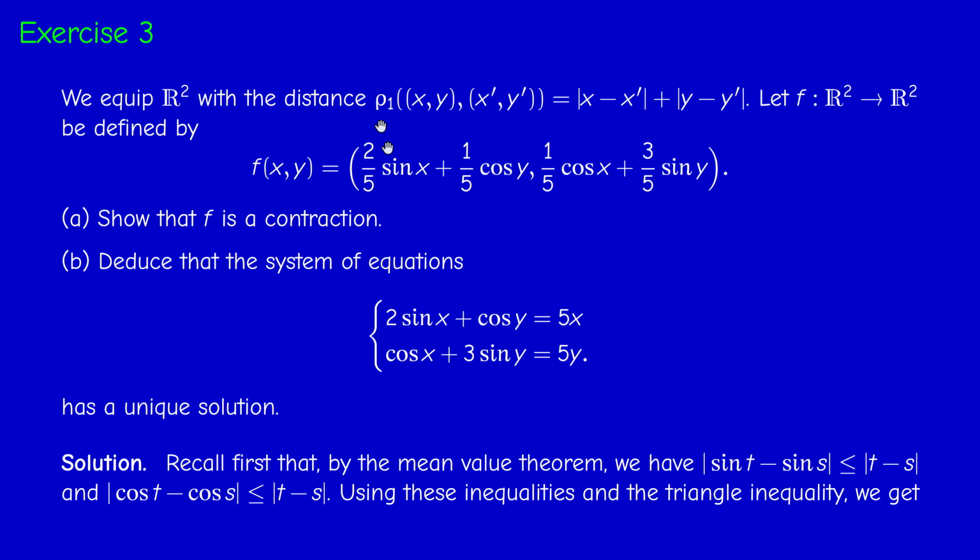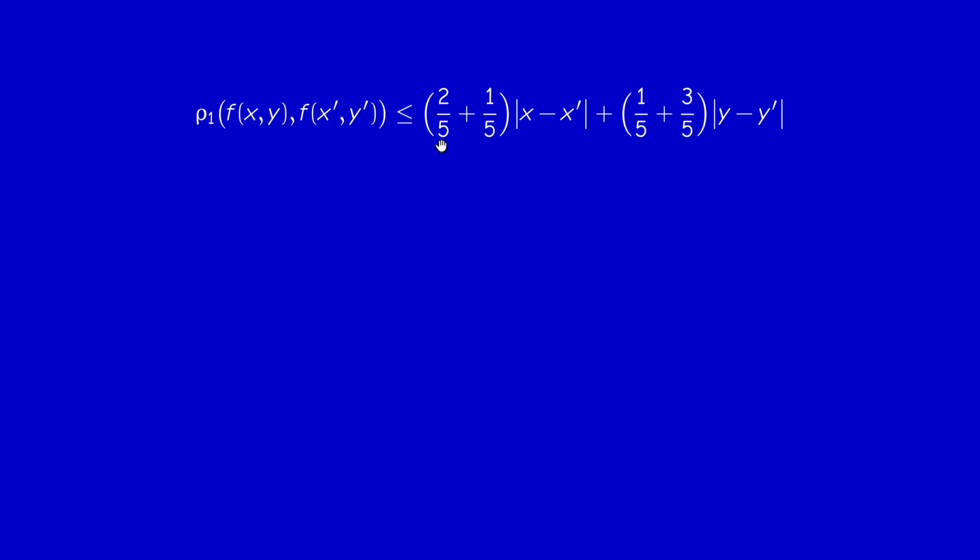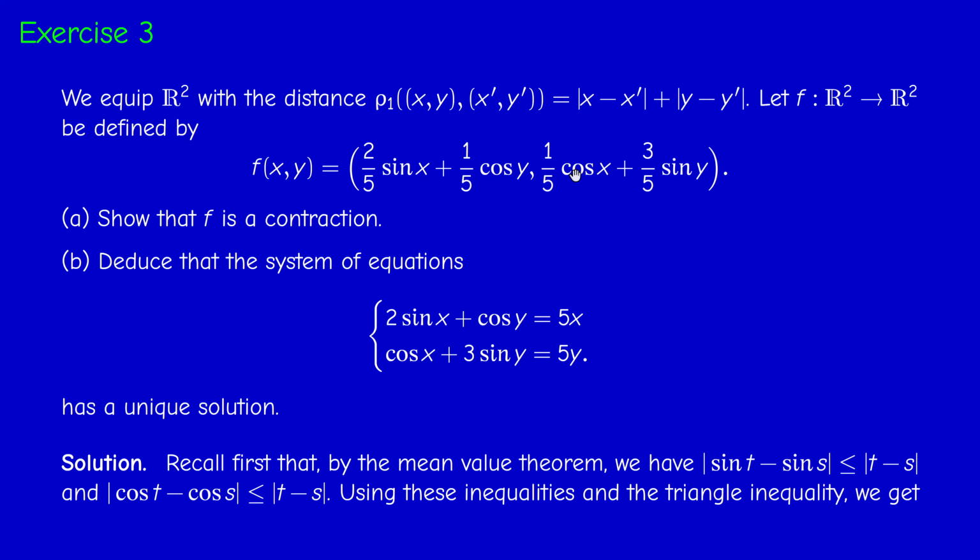If you look at the first component, 2/5 sine x minus 2/5 sine x' plus 1/5 cosine y minus 1/5 cosine y', you'll get, in absolute value, less than 2/5 |x minus x'| plus 1/5 |x minus x'| plus 1/5 |y minus y'| plus 3/5 |y minus y'|, if you write this in detail. The first 2/5 comes from here, the first 1/5 comes from here, and then 1/5, 3/5. So just take a paper and a pen and subtract the two.